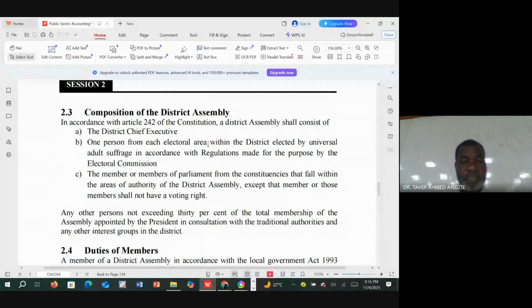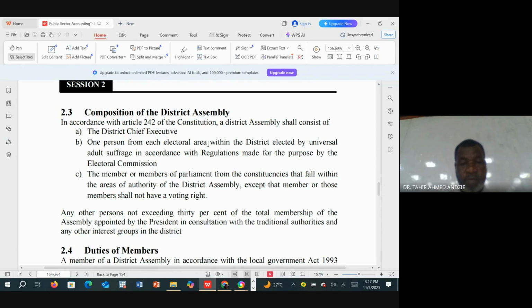Apart from this chief executive, we have one person representing the various electoral areas within the district, and it depends on the number of electoral areas within the district. Every electoral area is supposed to elect an assembly member to represent it in the assembly, through the regulations made for that purpose by the Electoral Commission.